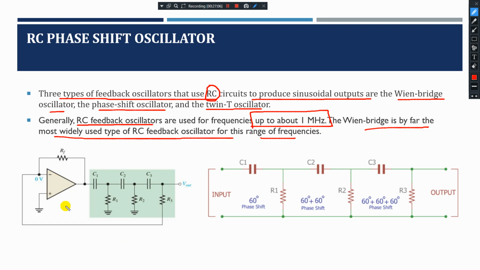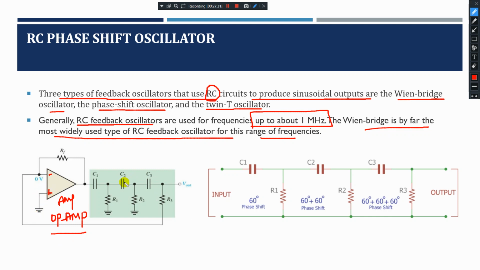Here, if you observe the circuit, one is an amplifier, or we can call it an op-amp, operational amplifier. The input here is given to the negative terminal, and the positive one is grounded.